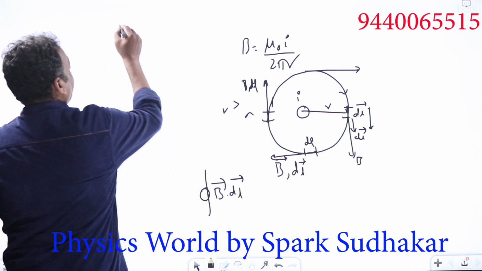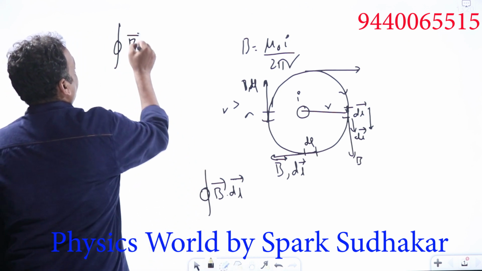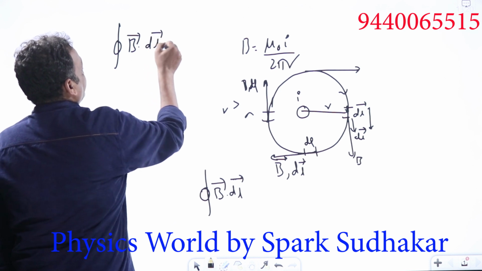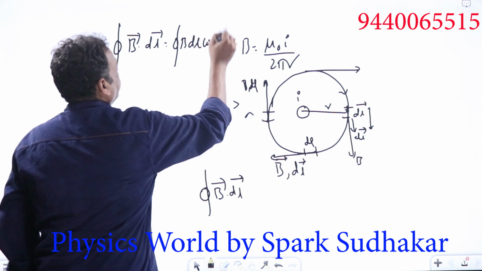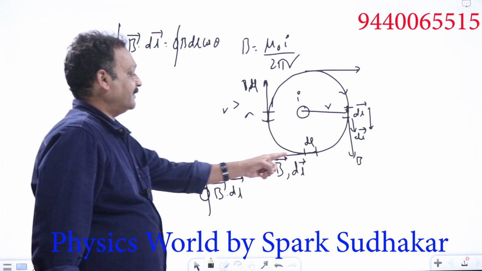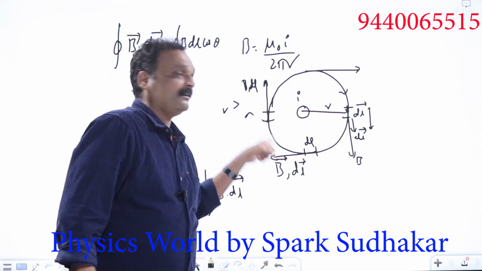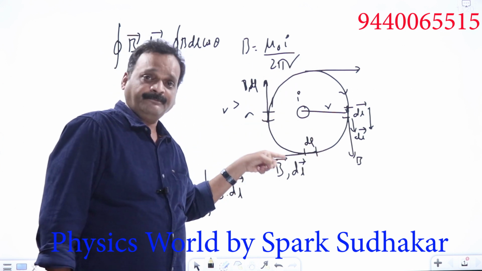If you expand this, it is circular integral B dl cos theta. The angle between B and dl, theta, is 0 degrees everywhere on the circular path. This circular path is known as the Amperian path.